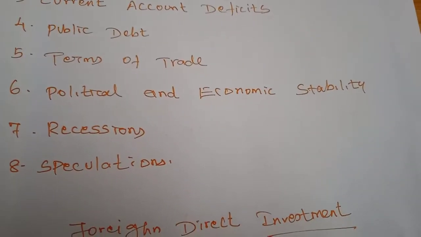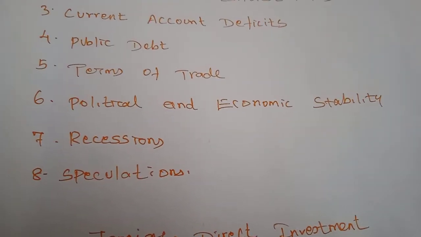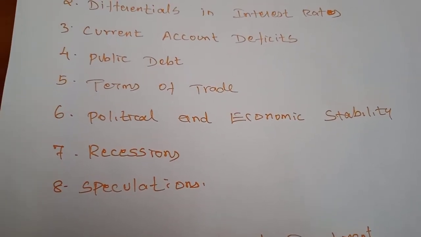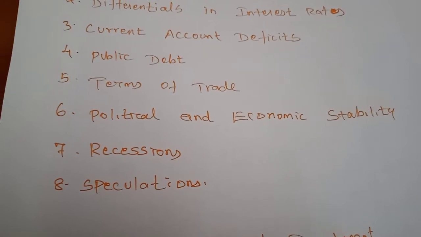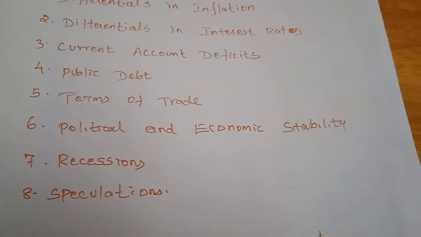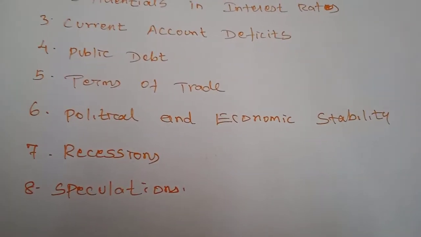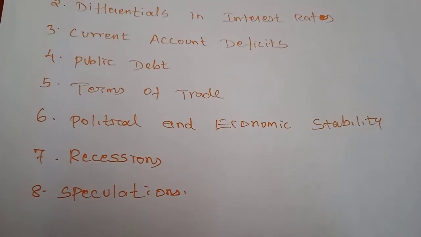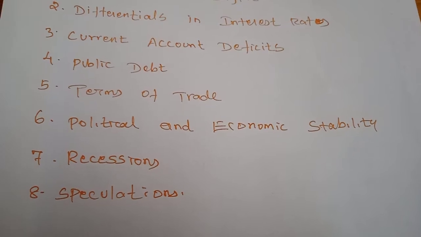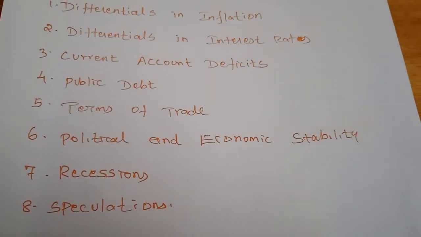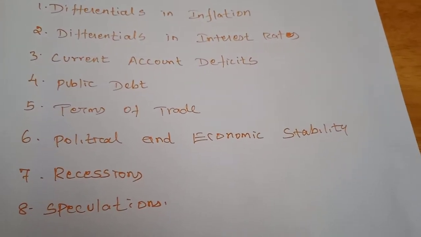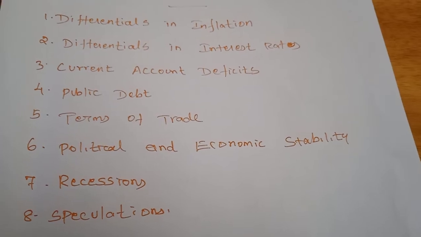Next, political and economic stability. If a nation's political climate is stable and economic performance is good, its currency value will appreciate by attracting more foreign capital. When we are involved in international trade, we must have stability and good economic and political situations, because political situations are always subject to change, but trade is not like that.